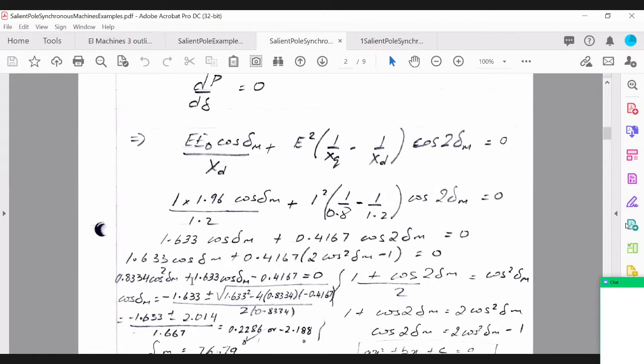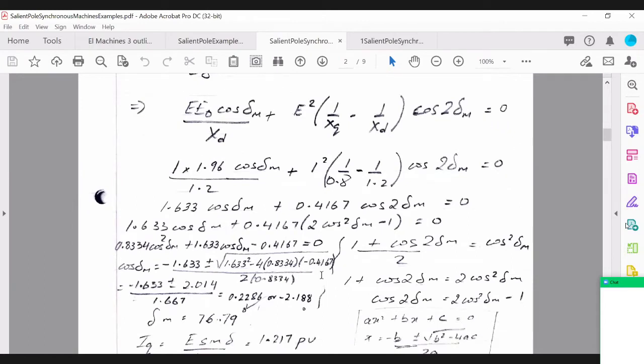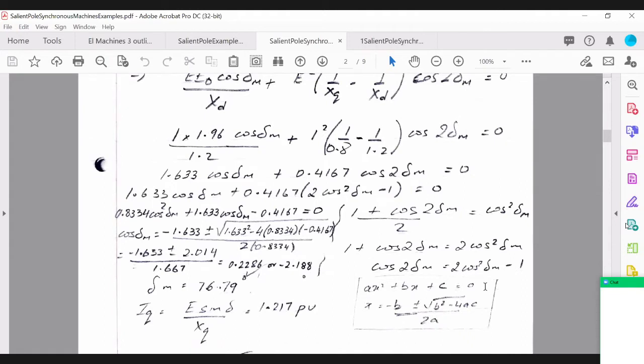So you end up with a quadratic equation where cos delta m is your variable.